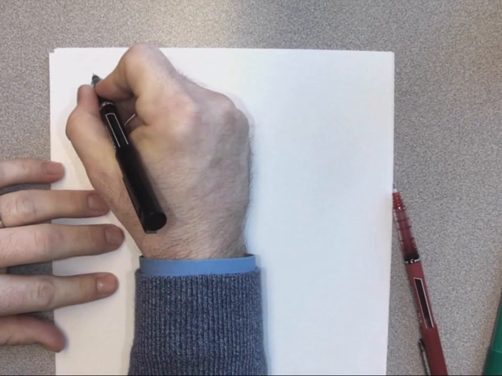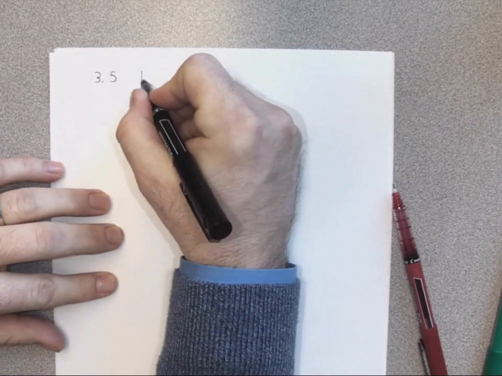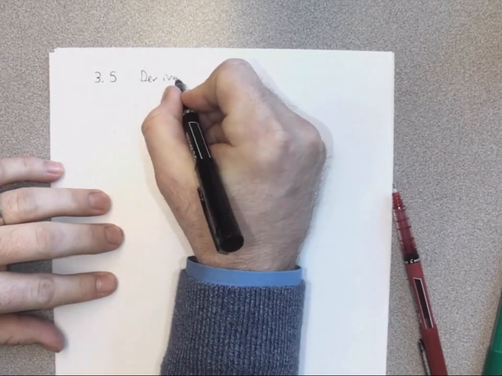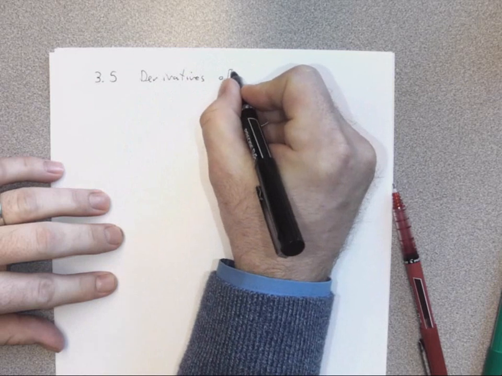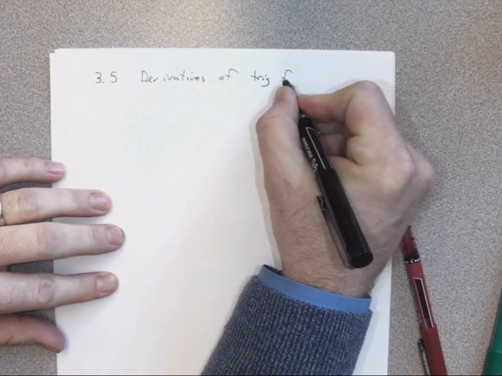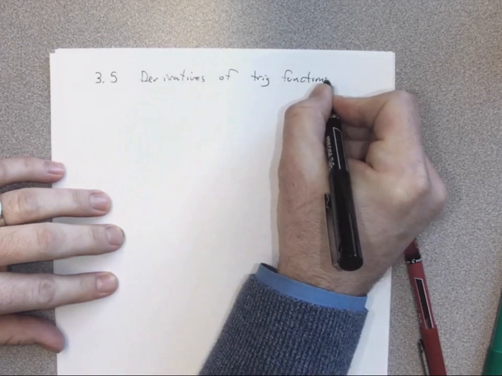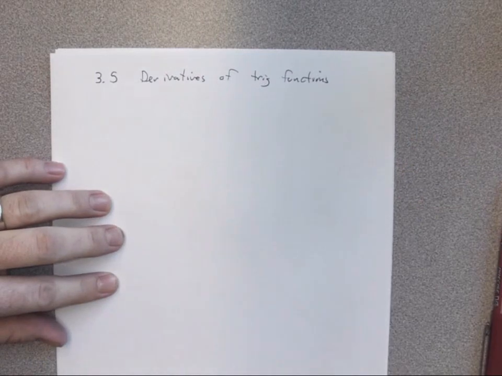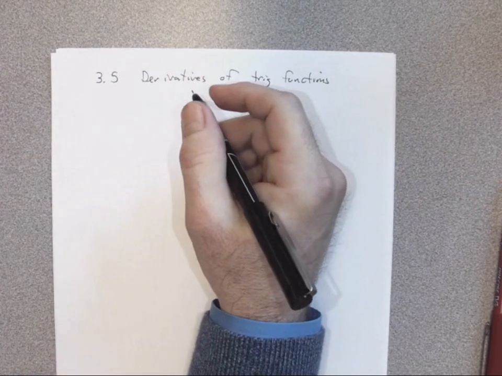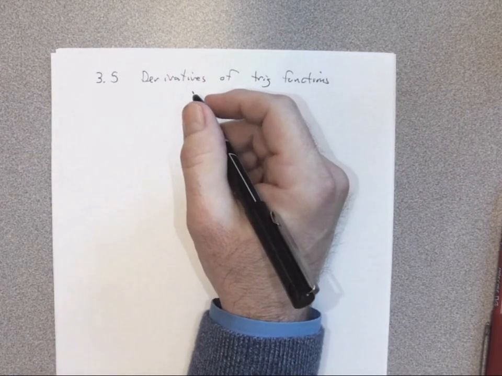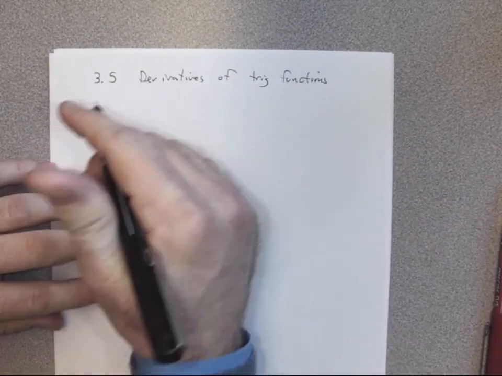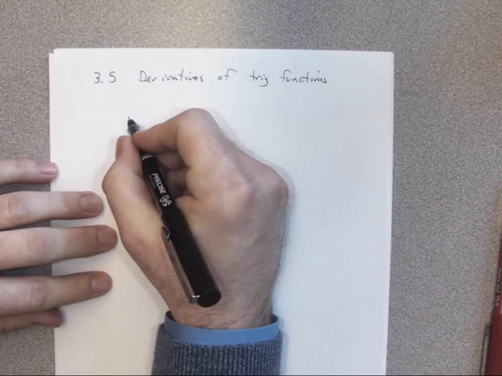All right, 3.5, derivatives of trig functions. What we're going to do is start out with how do you find the derivative of the sine of x.